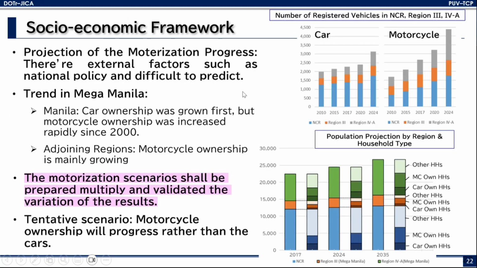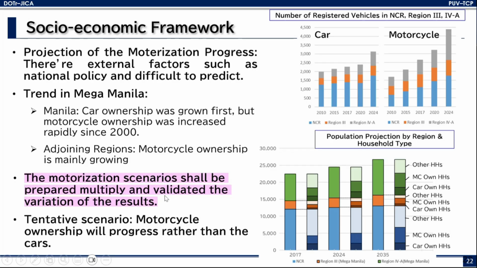Then for the socioeconomic framework in 2035, I need to consider how the vehicle ownership will be changed in 2035 also. So I'm not sure, there is no scenario.